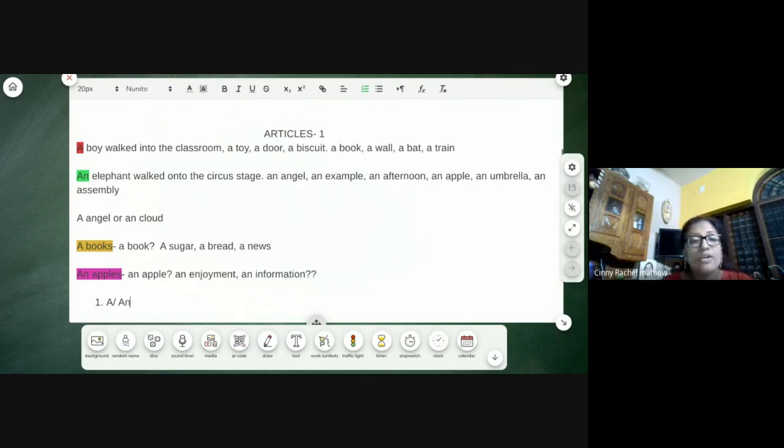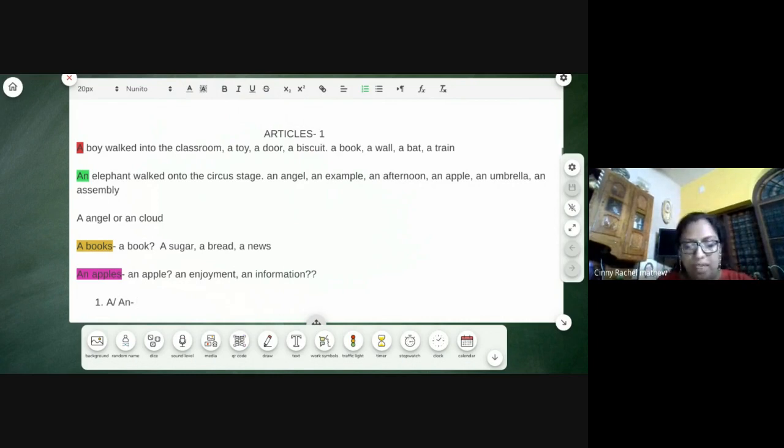Not only that, rule number two says that the indefinite article a and an will be used in front of countable nouns. So let me just write that for you. I'll use short forms wherever possible.